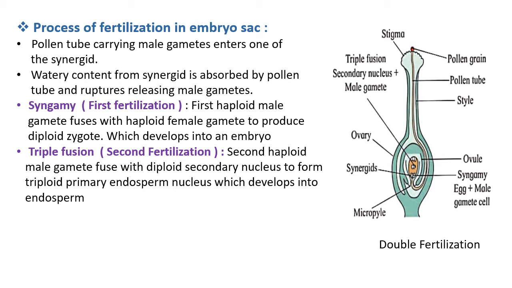Triple fusion means that three haploid nuclei, two from secondary nucleus and one from male gamete, fuse with each other. The triploid primary endosperm nucleus later on develops into an endosperm, a nutritive tissue which provides nutrients to the developing embryo. In this way, the process of double fertilization occurs inside the embryo sac in angiosperms.